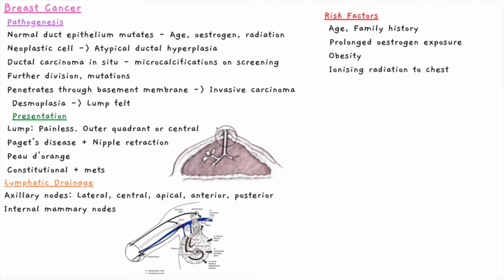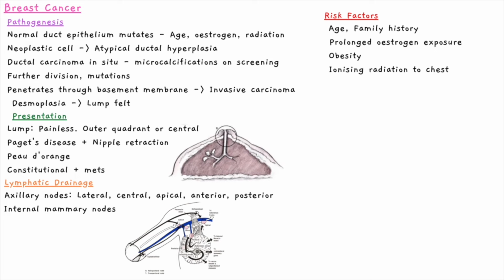So going back to risk factors, so remember the factors that predispose a cell to mutating abnormally, which sets off that chain of events. It could be age, so over 50, family history, because the patient may then have a BRCA gene, and these tend to be more aggressive and can present at a younger age, so sometimes even in the 40s or early 50s.